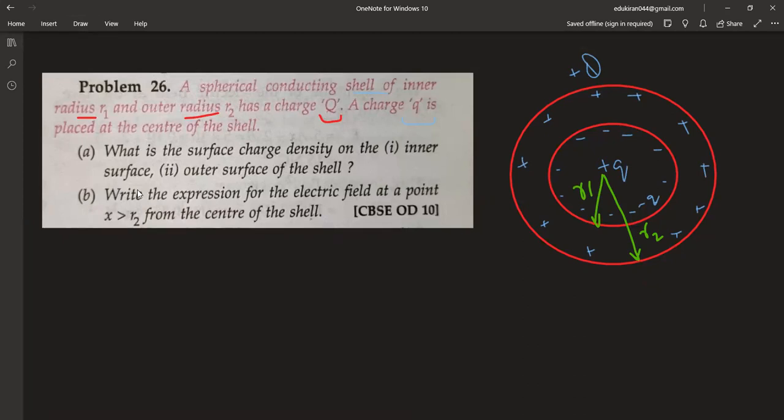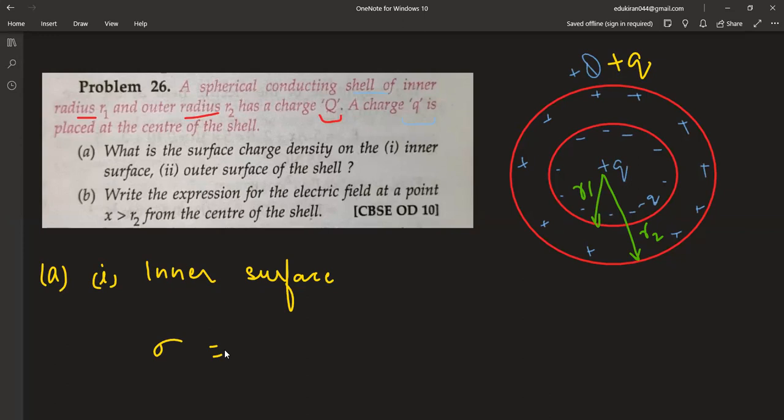This is very easy to write. If this has been induced, it means the outer surface also has some charge because of the charge Q. So the total charge will be capital Q plus small q for the outer surface. For the inner surface, what is the formula of surface charge density?